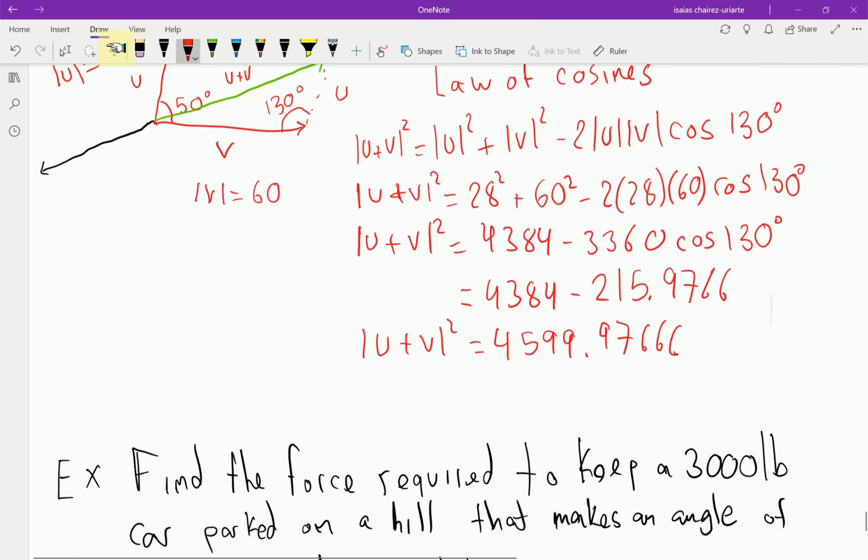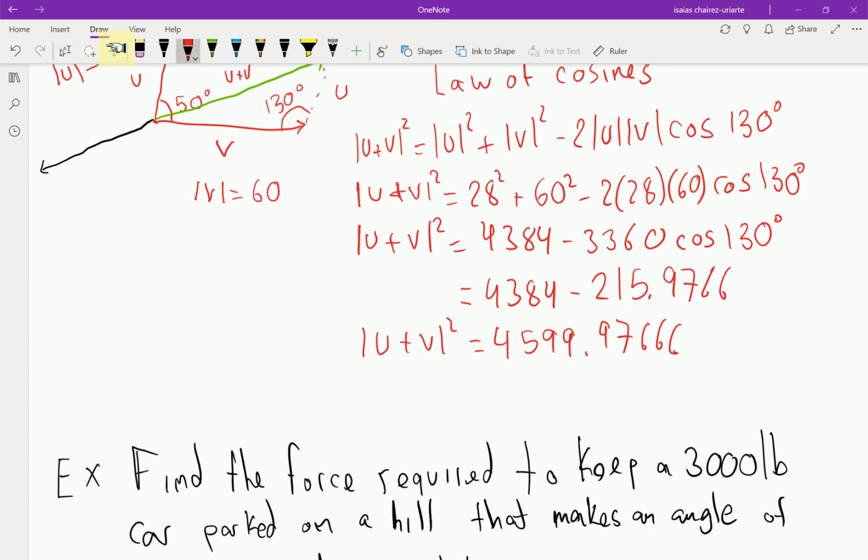And then I need to take a square root. So the square root of this gives me about 67.8 newtons.